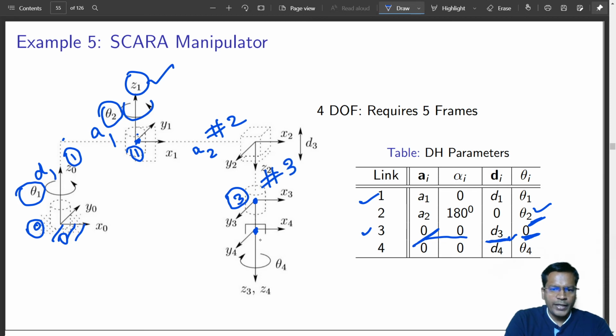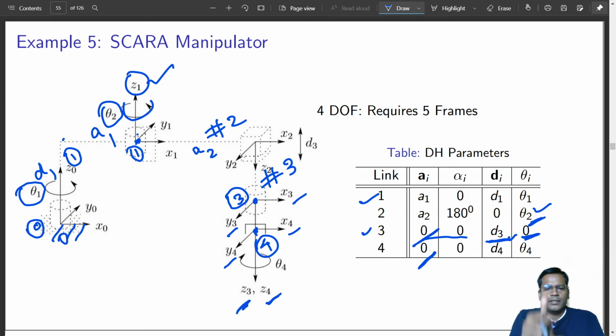Point 4, that is the last point, is directly below x3. You see, all the axes are similar to this, so there is again no displacement between z axes. Z3 and Z4 are both collinear, both axes in a single line. There is again no twist, so this is 0.